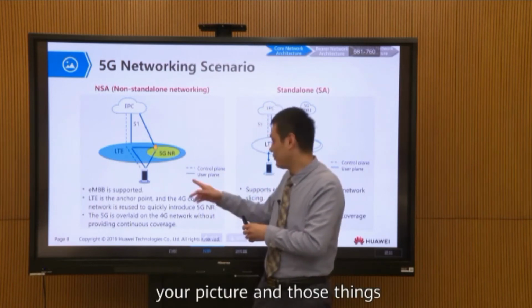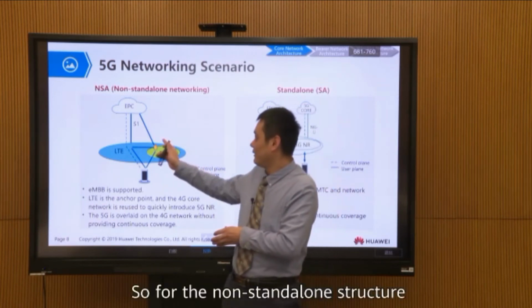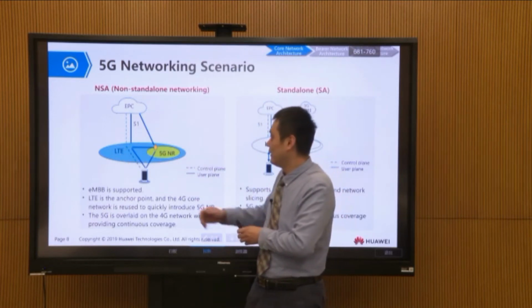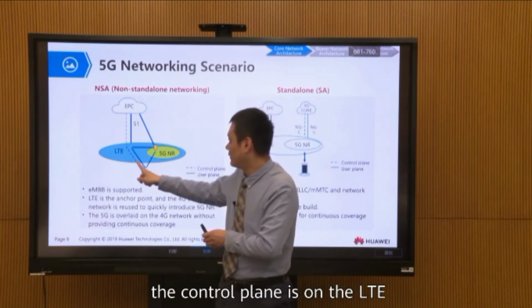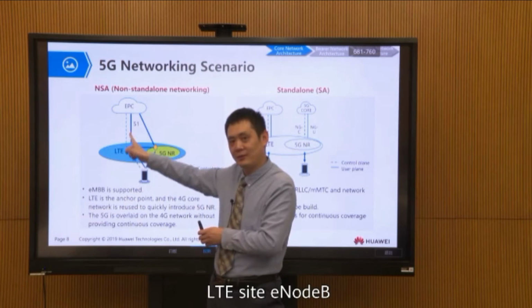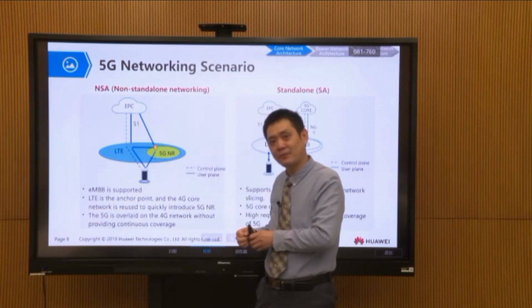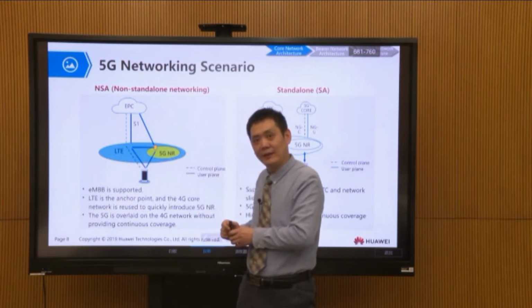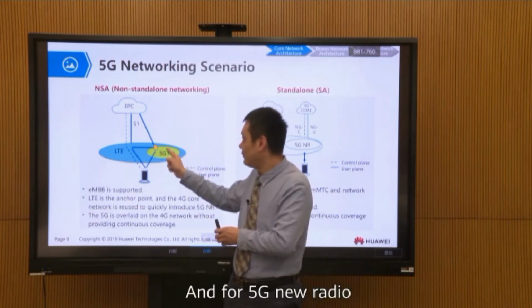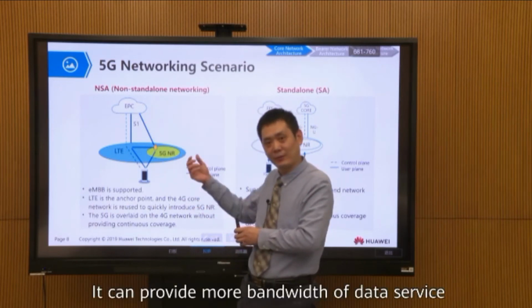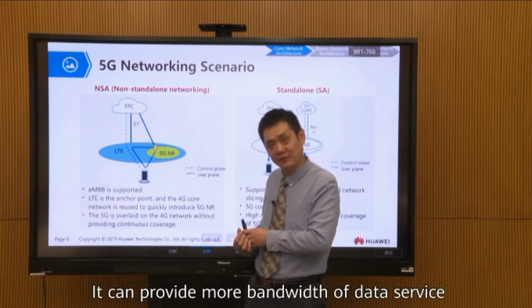So for the non-standalone networking mode, the control plane is on the LTE site, LTE E node B. We can see it is the signaling anchor. And for 5G new radio, it only works on the user plane. It can provide more bandwidth for data service.